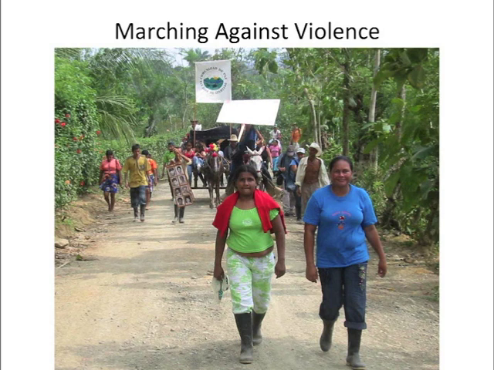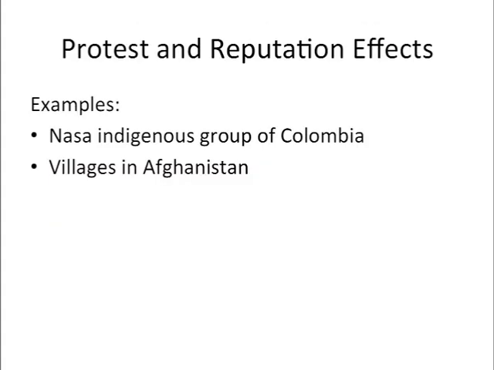This is quite common, where you see a lot of protests against violence. You also see this in many other countries as well. So, public voicing of outrage or public voicing of the desire for peace. Here are some brief examples around the world where you see these kinds of protest and reputation effects.